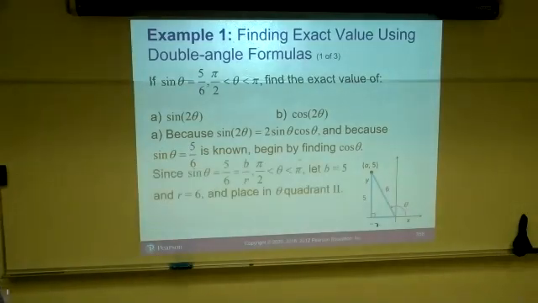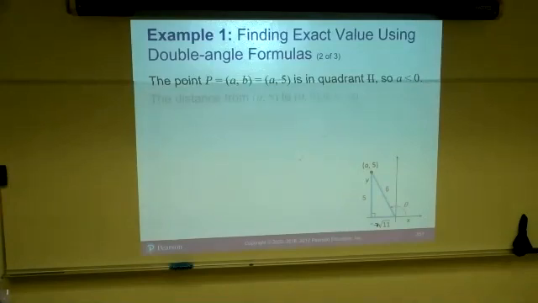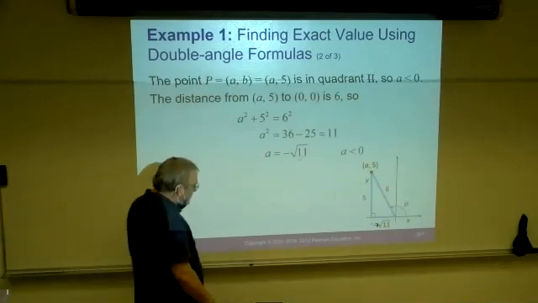So R is 6, B is 5, so A is the negative square root of 11.